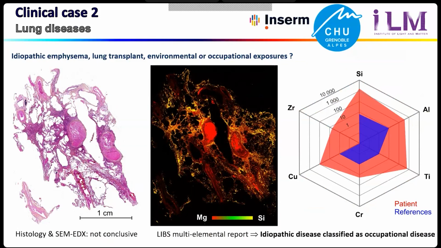So these results were used by the health insurance to recognize her disease as a professional disease. I think it was 3 years ago. Since this moment, the disease was taken in charge by the company and not from her pocket.